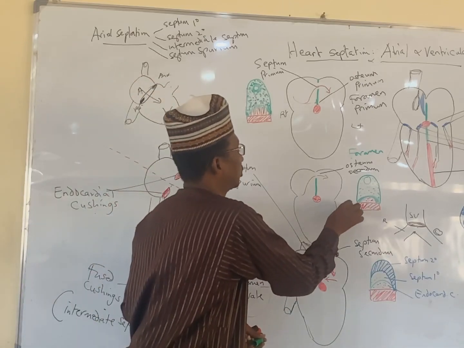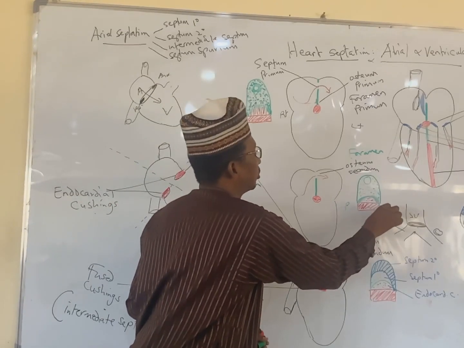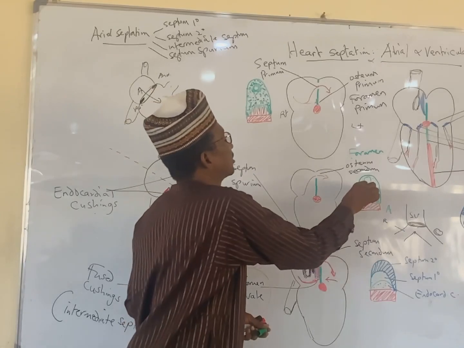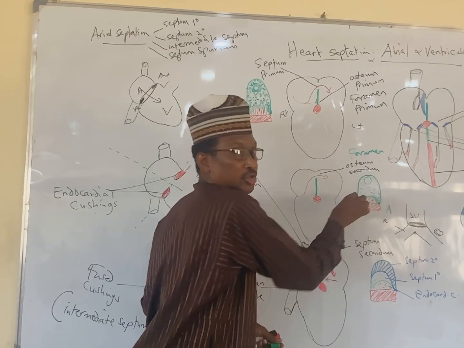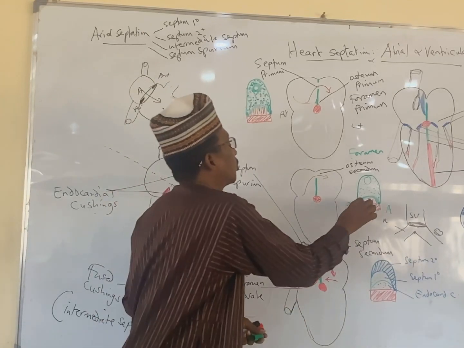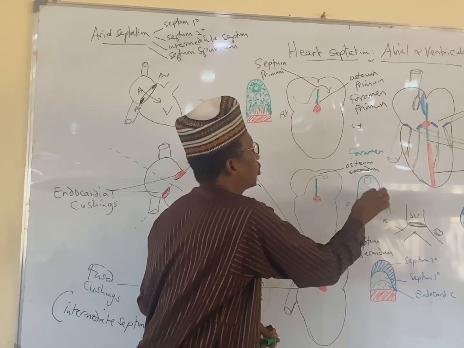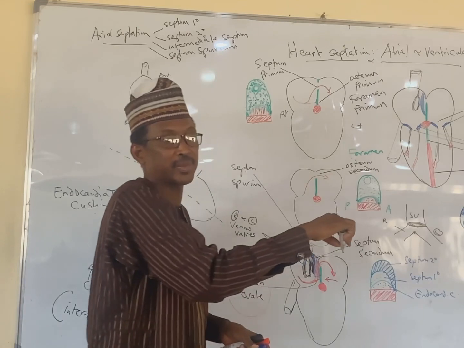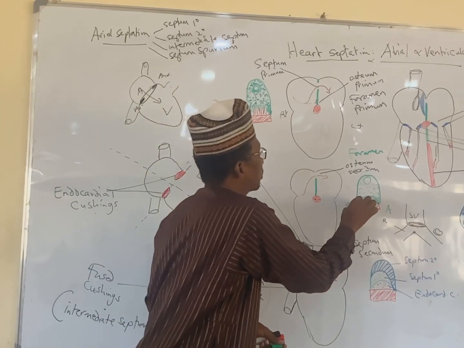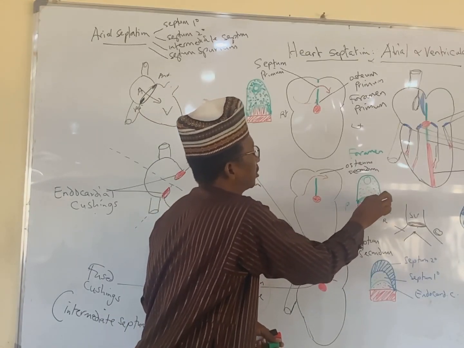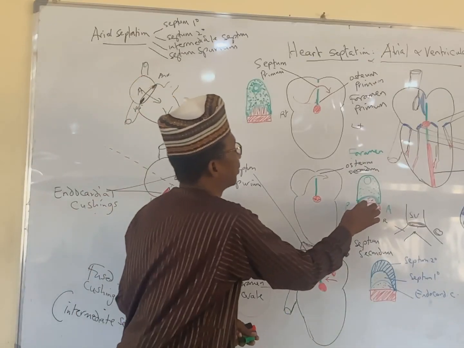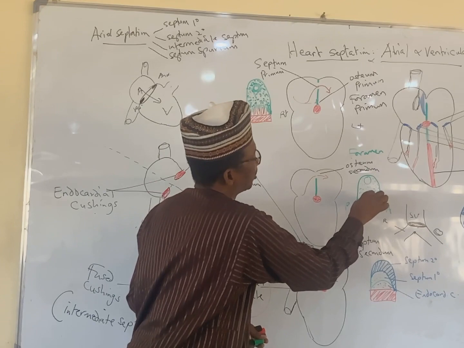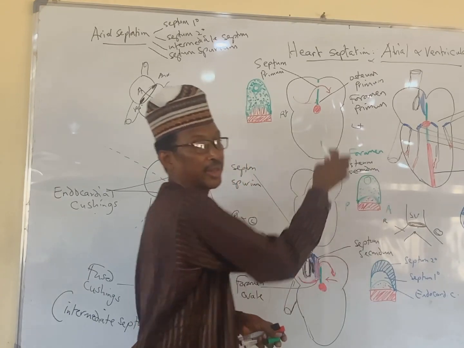If this is the posterior part and this is the anterior part, this septum primum has an anterior horn and a posterior horn. And so each of these two horns now touches the endocardial cushion. So the posterior horn touches the endocardial cushion, the anterior horn also touches, so that it leaves a space in between, which is now going to be filled by contribution from the endocardial cushion.